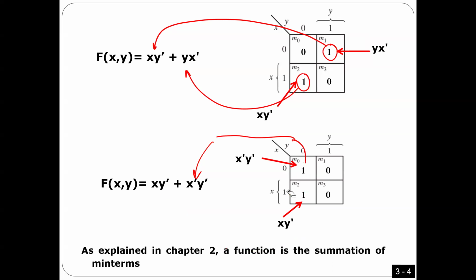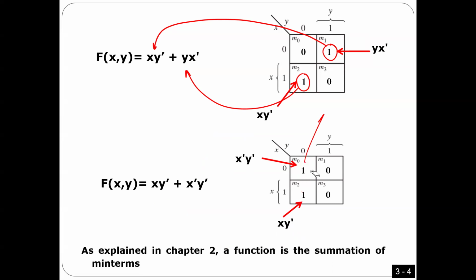But as I'm going to explain right now, you can actually group these two together. So instead of taking it individually, as two groups, it's allowed to take these two together and make it only one group. So neighbors. I can group neighbors together and take them as only one group. Again, one group means one term.